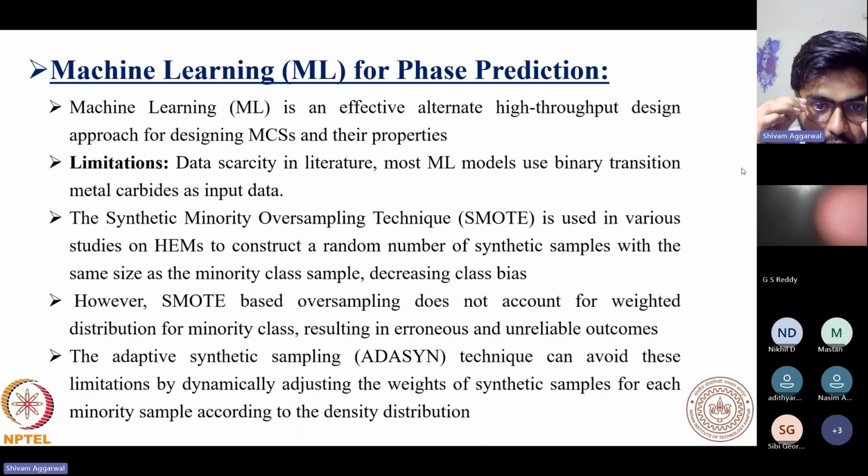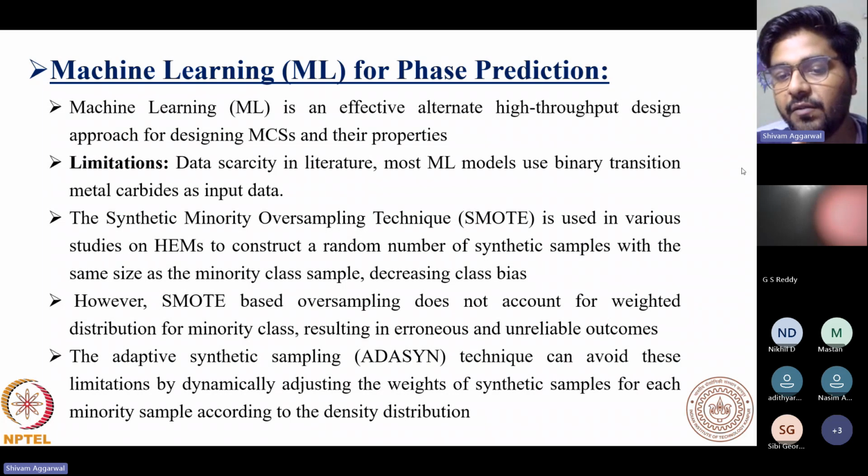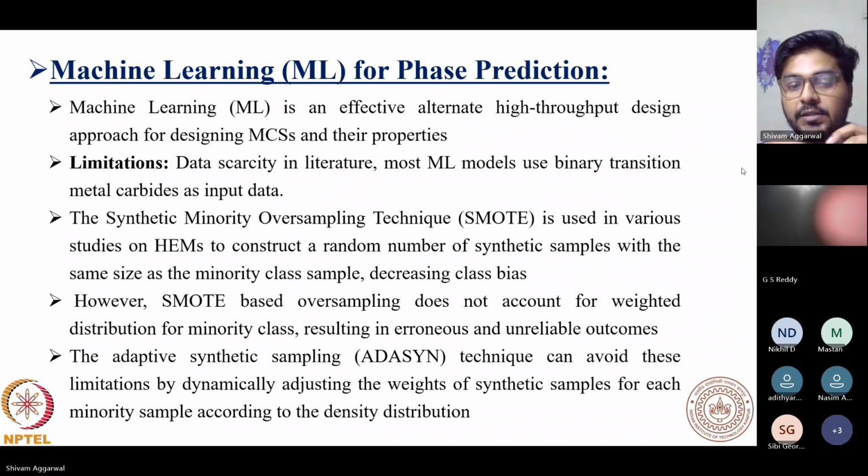But by using the adaptive technique, which is adaptive synthetic sampling, it will create the data in such a way that the minority samples will be distributed according to the density distribution of the original data.